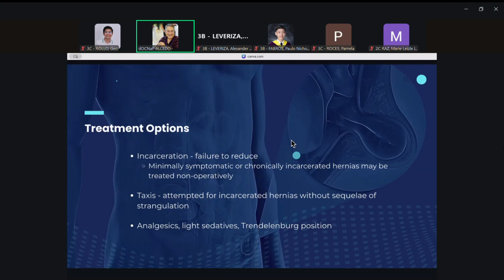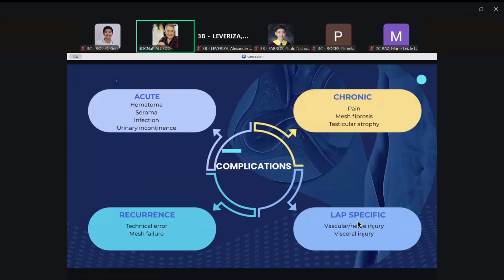So, of course, treatment options, incarceration, when you're not able to reduce it, non-operative for minimally symptomatic. Okay, I think we talked about this kanina. And of course, aside from the acute complications post-op, no, which would include all of these things, you have also chronic complications, which can result from compression of the nerve, or hopefully not, transection of the nerve, mesh fibrosis, which sometimes may involve the nerve, which can cause chronic pain.